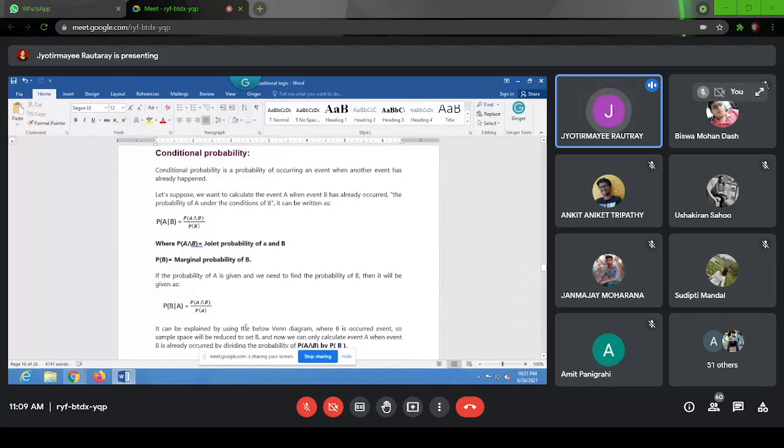Okay, here we have the formula for the probability of event A where B has already occurred.